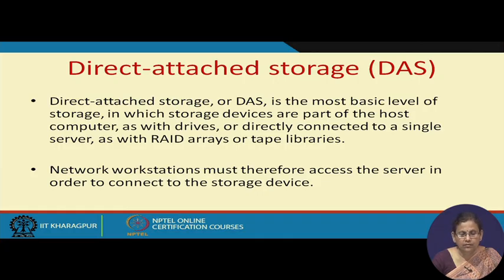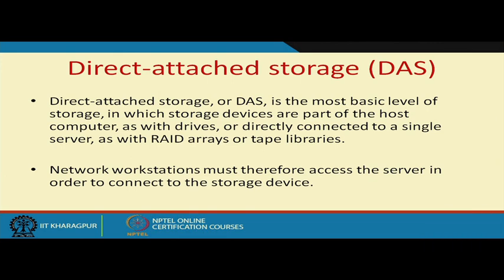About all these details we are not going to discuss, but they are additional secondary memory, additional drives attached to a server. A network workstation must therefore access the server in order to connect to this storage device. Other computers in the network can access the server first, and through the server they can access this direct attached storage device.